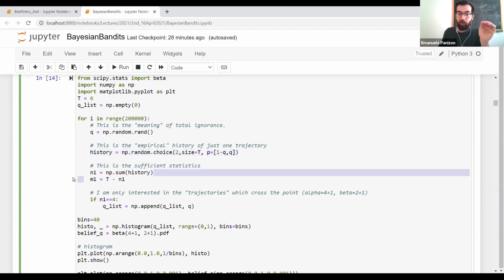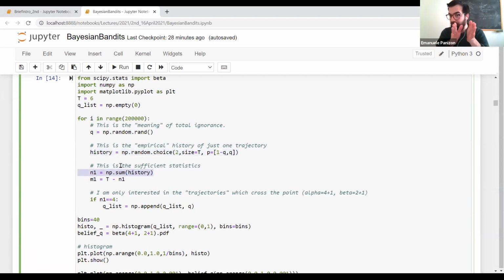Then I count how many successes and fails. These are all different machines with different probabilities, but all of them together arrive at a single point, which is described by alpha = 5, beta = 3.